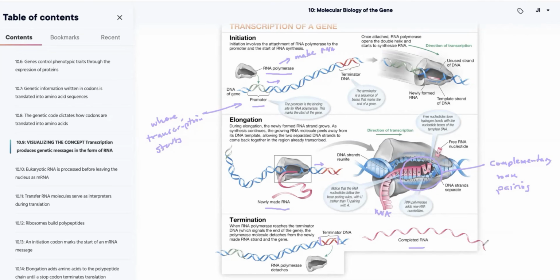And then we're releasing that, and after that's done, realize that this is something that happens over and over and over again. When this gene needs to be expressed, if that gene is turned on, the promoter will be attracting more RNA polymerase.